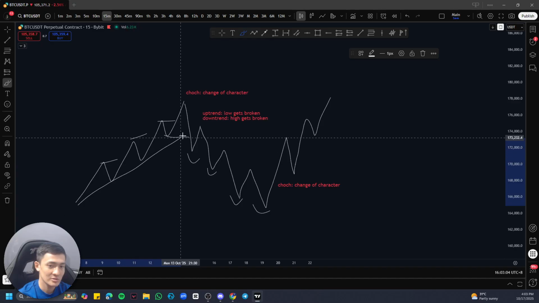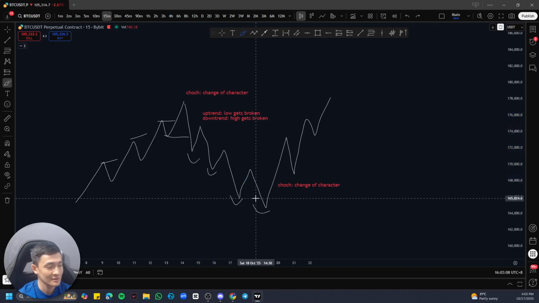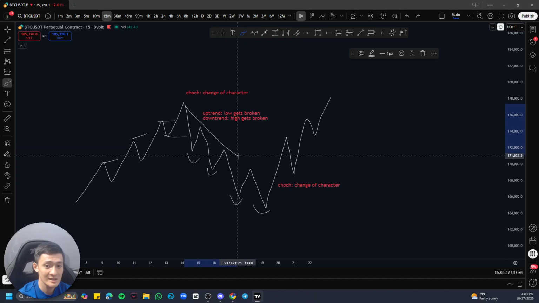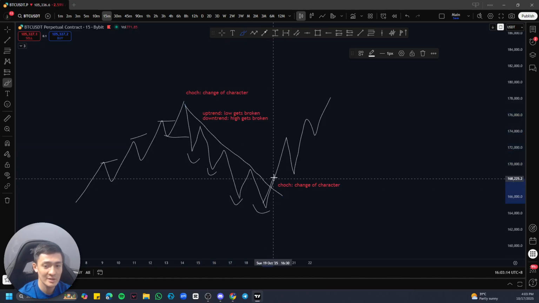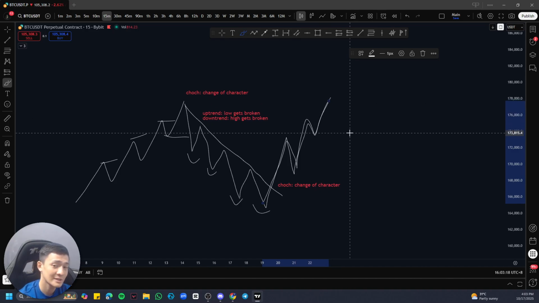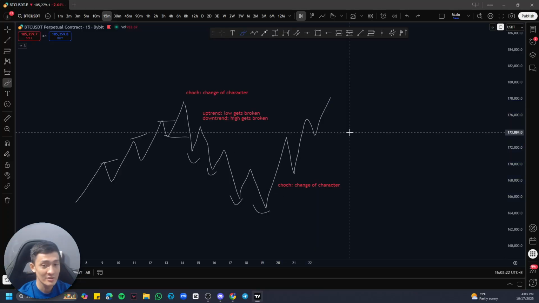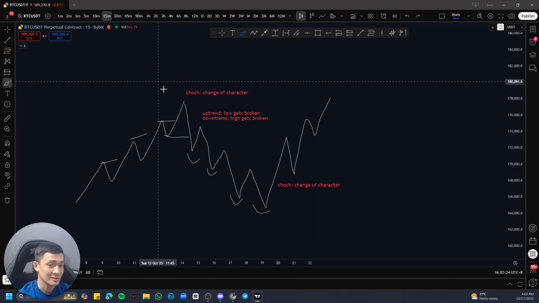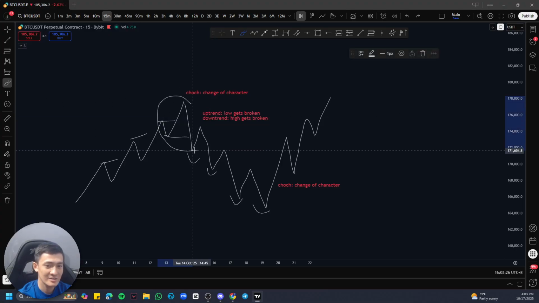Uptrend, the floor is holding, boom, suddenly the floor breaks, price can dump. In a downtrend, the ceiling is holding, boom, suddenly the ceiling breaks, the price has nothing to hold it down, it can fly up.